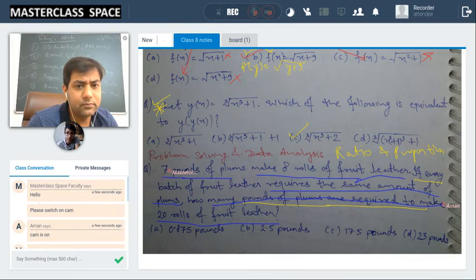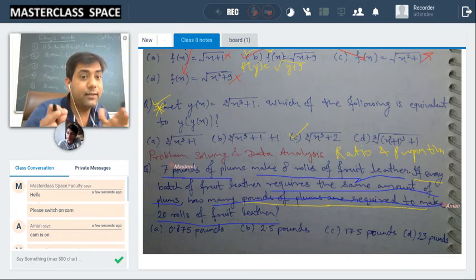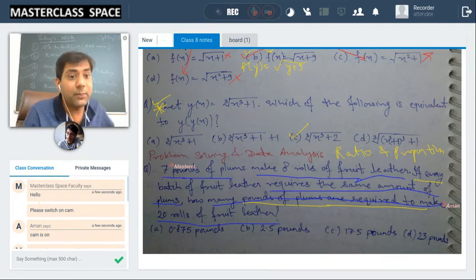If you want 7 plums to make 8 fruit leather, and you want to make half of the fruit leather, then how many plums are required? 7/4. 7 by 2. So everything is going in the same proportion as you are increasing. This is called the concept of proportion.